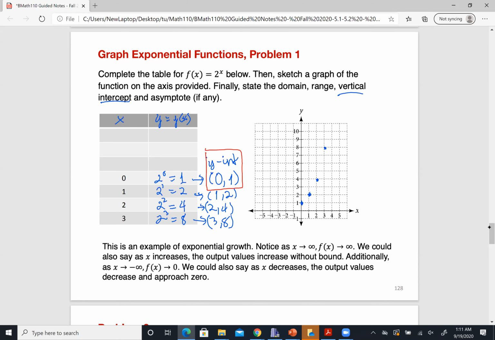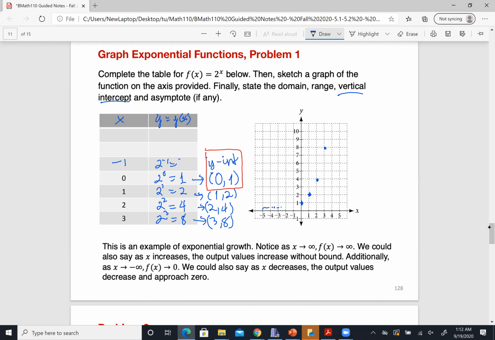So let's say I want to know some value in this graph. So what should I do? Let's choose a number, let's say -1, and see what happened. I have 2 to the power -1, which actually equals 1/2.